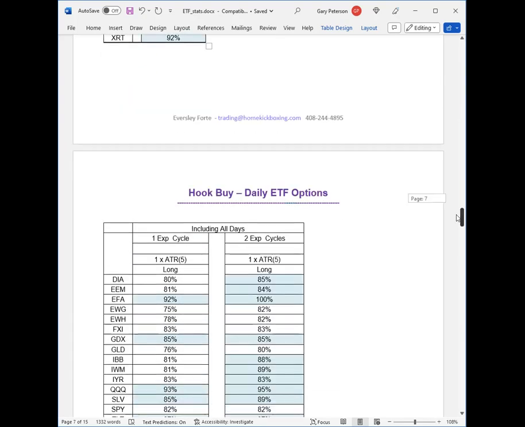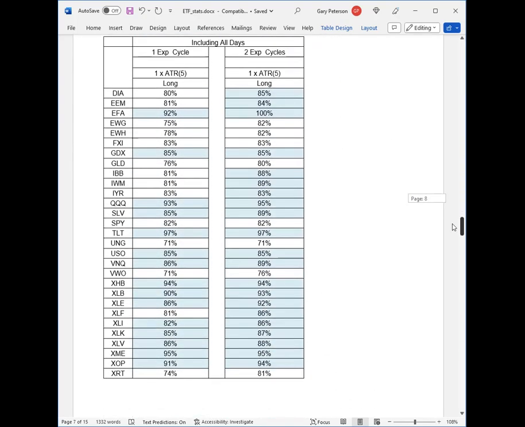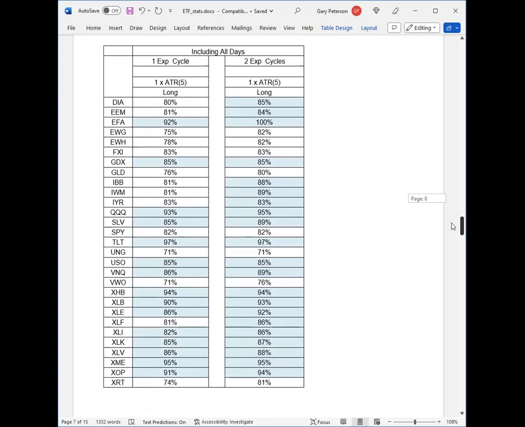Right, another one of the strategies, our hook strategy. This is part of that first option plan, so you can see what the percentages look like for win-loss for the different ETFs. If EWG with Germany became valid with this strategy, we would pass because neither one is 84% or higher.